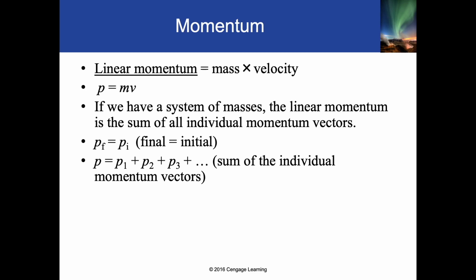If we have a system of masses, the linear momentum is the sum of all the individual momentum vectors. So here we have the final momentum equals the initial momentum, which makes sense, right?